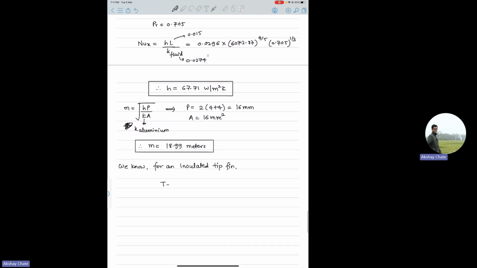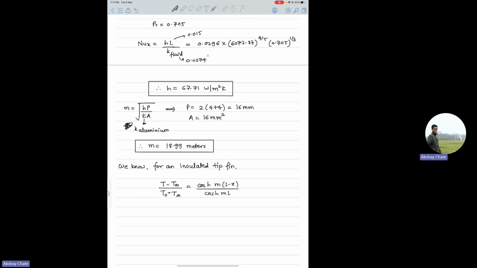The thing is, for an insulated tip fin, we know, right, this (T minus T infinity) upon (base temperature minus infinity temperature) is nothing but cosh(m(L minus x)) divided by cosh(mL), right?